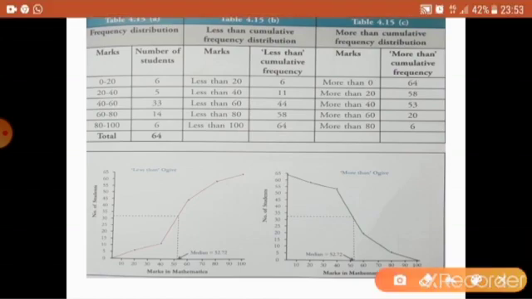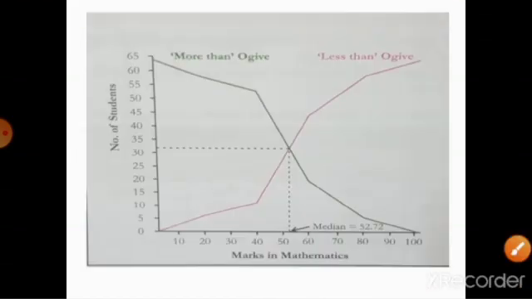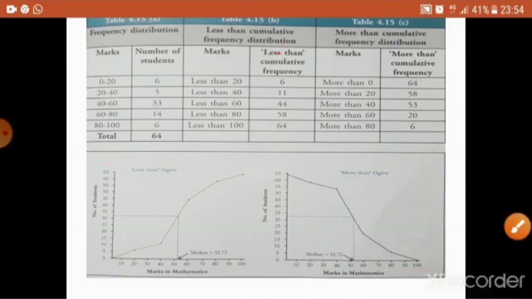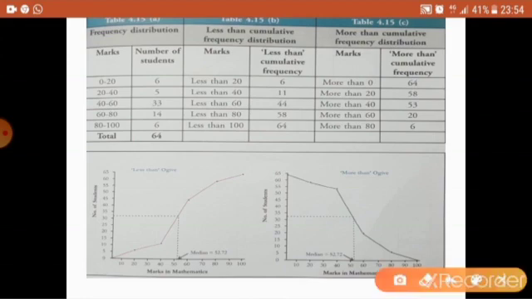First, in the less than type frequency distribution, the class interval and the number of students are given. In the case of less than frequencies, we form the marks as less than. With the class intervals we write less than 20, less than 40, less than 60, less than 80 and less than 100. How do we make the cumulative frequency for the less than category? First, we write the same 6 that is given in the question.